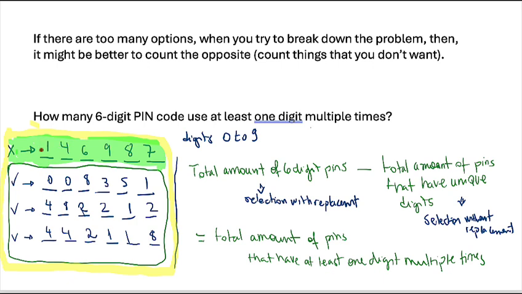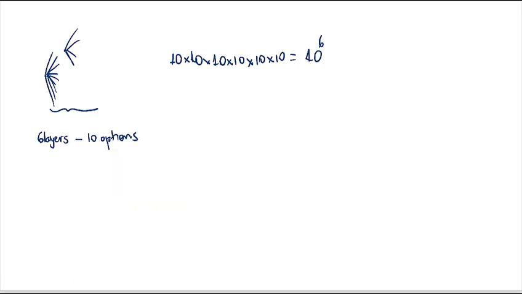So 1 will be used, and then in the second layer of decision, you won't have 10 digits anymore. You'll have 9, okay? So this is for all pins, and this is for the unique digit pins.